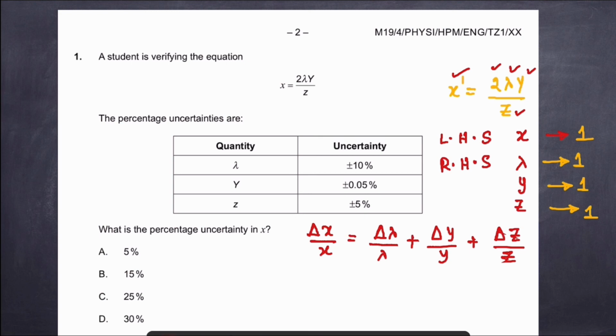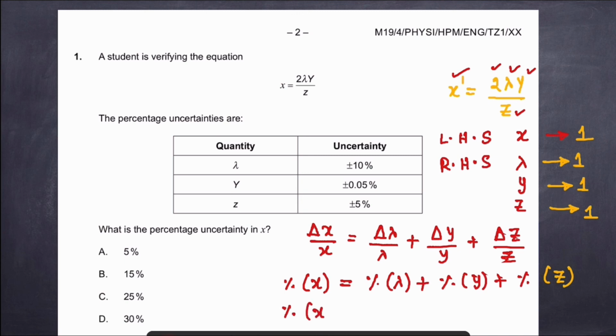If you just multiply all sides with 100%, in the same manner as in the previous question we will be getting that the percentage uncertainty in x will be percentage uncertainty in lambda plus percentage uncertainty in y plus percentage uncertainty in z. Now what is the percentage uncertainty in x?